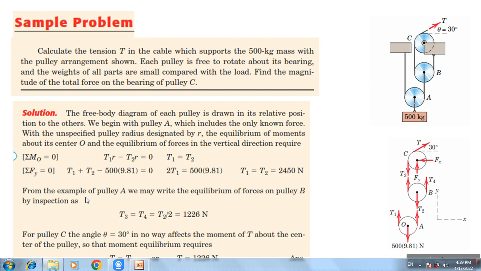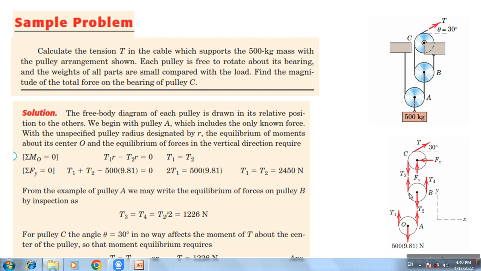From the example of pulley A, we may write the equilibrium of forces on pulley B by inspection. Now from the pulley A, I can conclude that T3 equal to T4, and T3 equal to T4 equal to T2 over 2.